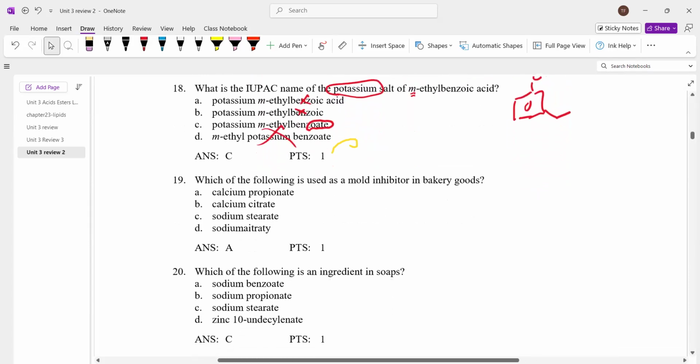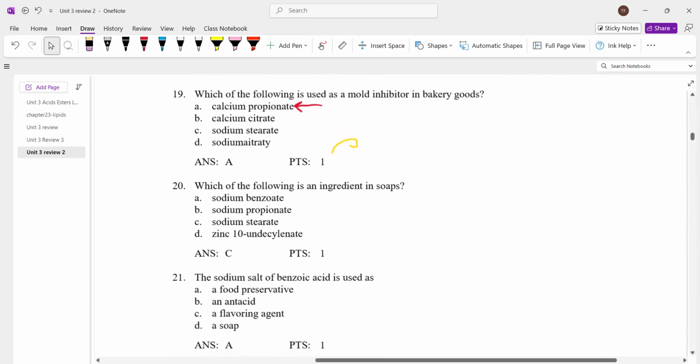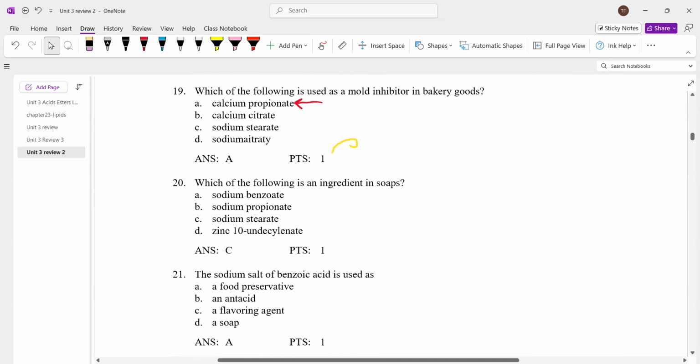And I didn't stress this, but salts of short chain acids are frequently used as preservatives. Okay, which of the following is used as an ingredient in soap? Well, that is an emulsifier.